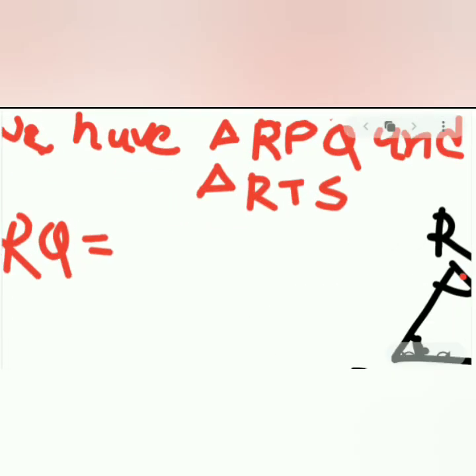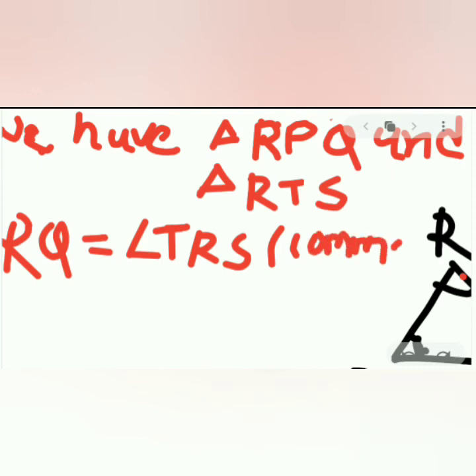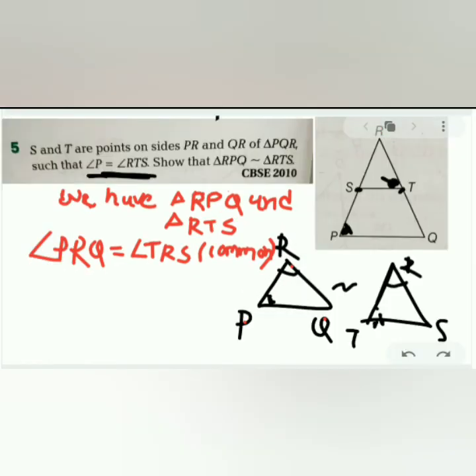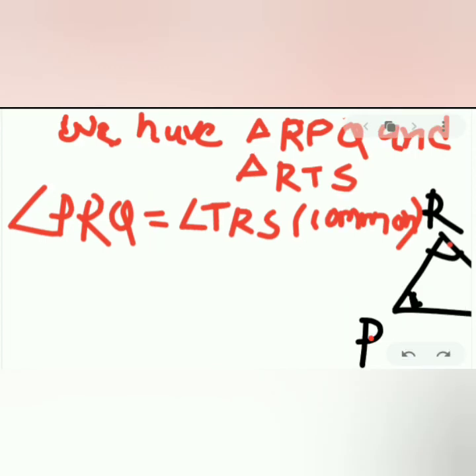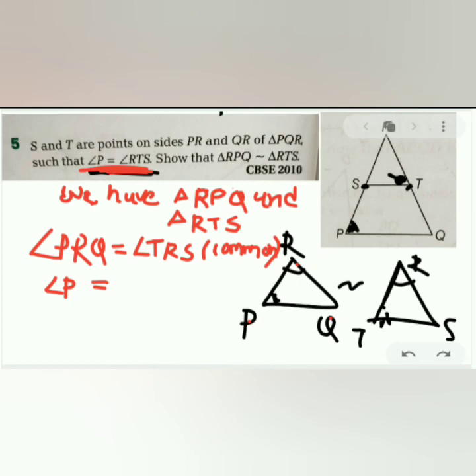How did we write this? We write common. Then what is given to us? They gave us angle P equals angle RTS.